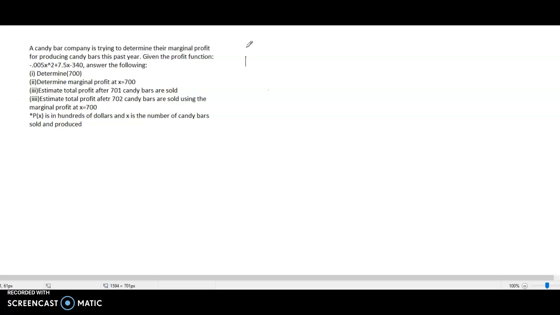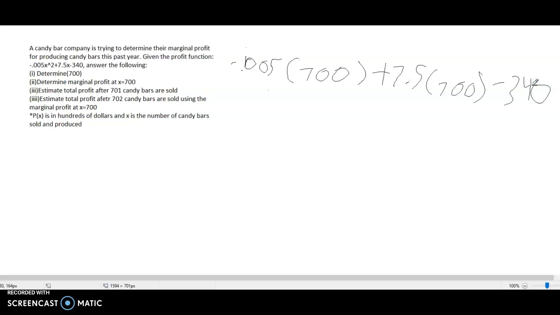So you simply take the profit function that is given, which is negative 0.005, and you input 700 for the x in all of them, plus 7.5 times 700, minus 340.